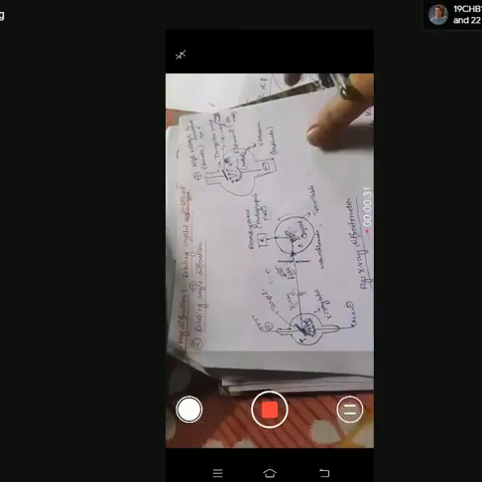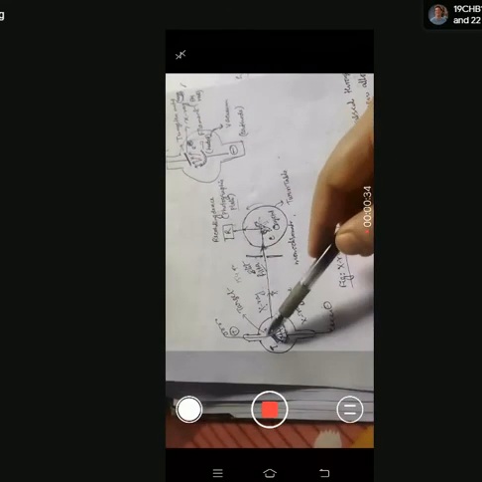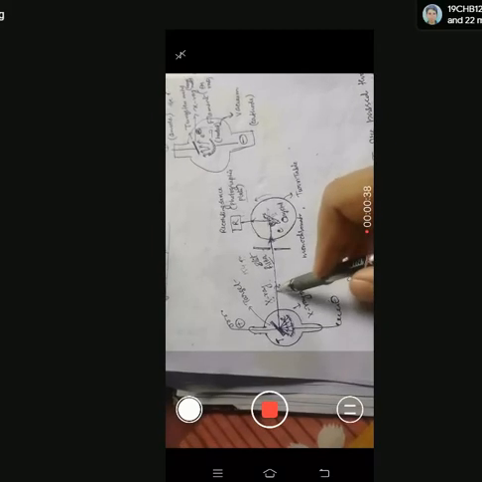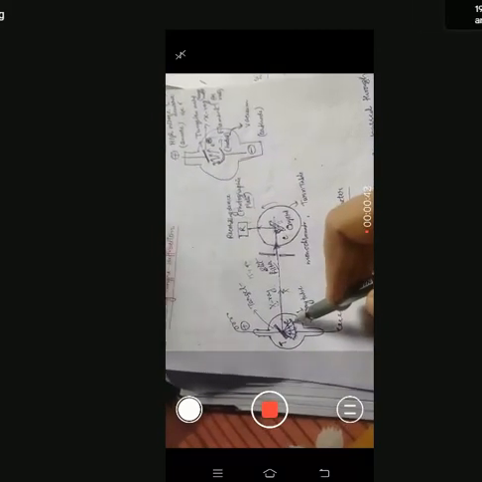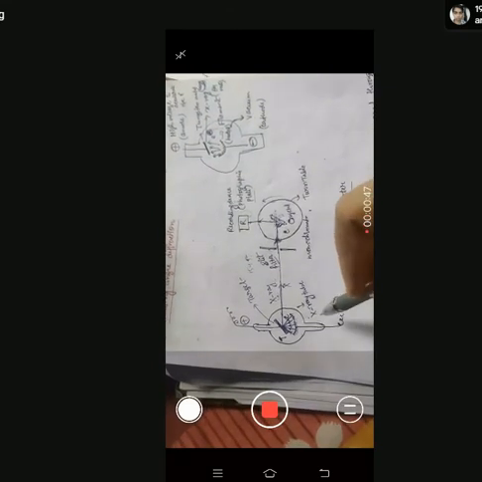Now you see the rotating crystal method. This is the setup from where X-ray is coming. X-ray is produced from here, and although it is not important, I am mentioning it here.